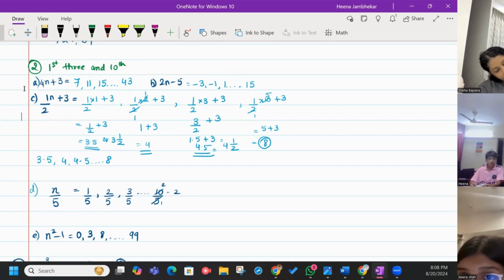Which is 7 upon 2. So that 7 upon 2 can be written as a mixed number, because everything is mixed.